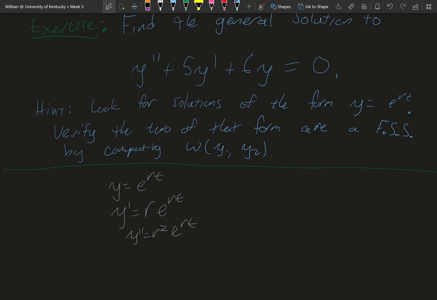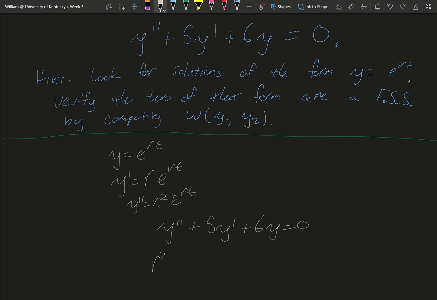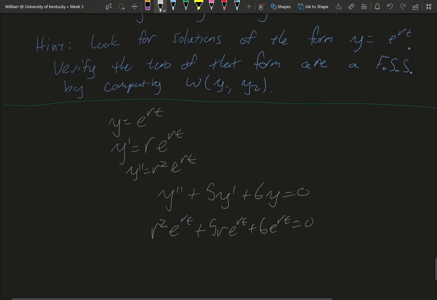So we can plug this into y double prime plus 5y prime plus 6y equals 0. r squared e to the rt plus 5r e to the rt plus 6 e to the rt equals 0. We can divide out by e to the rt, and then just have a quadratic, r squared plus 5r plus 6 equals 0.